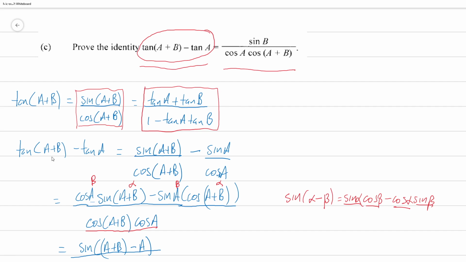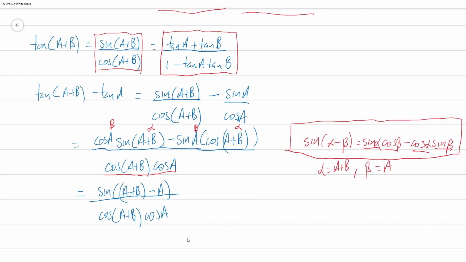So when you substitute alpha to be a+b and beta to be a, you are able to write that numerator as sine(alpha minus beta).